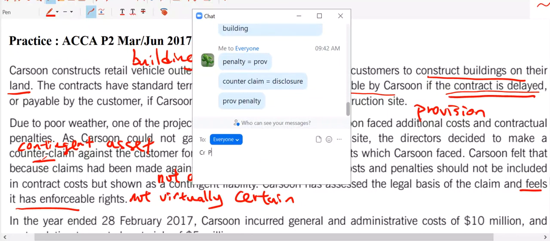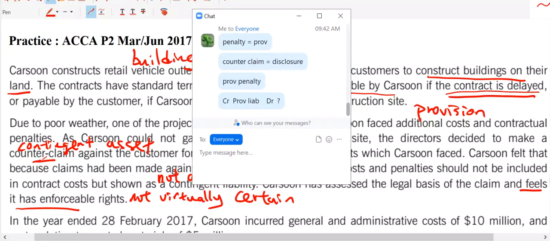So I will credit a provision liability, and where do I debit to? Everybody look at the chat box. So I'll credit a provision, a provision liability, but where do I debit to?